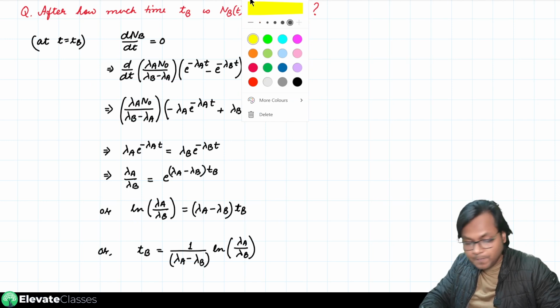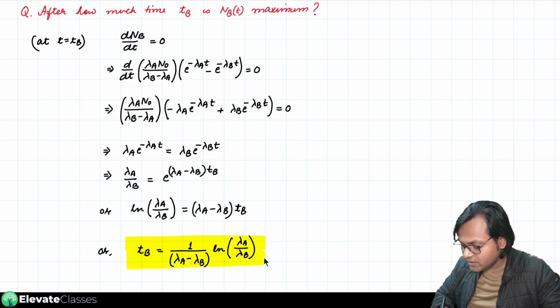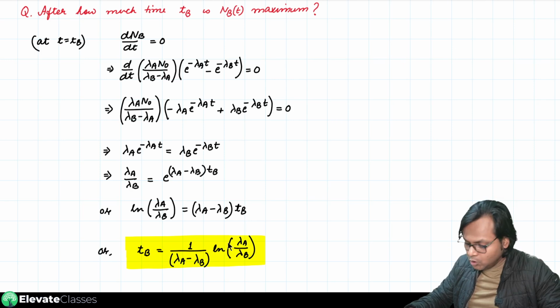So that means even theoretically, the intermediate daughter nuclei will approach a maxima, and finally it would start decreasing, because finally the stable daughter nuclei takes over the entire process.